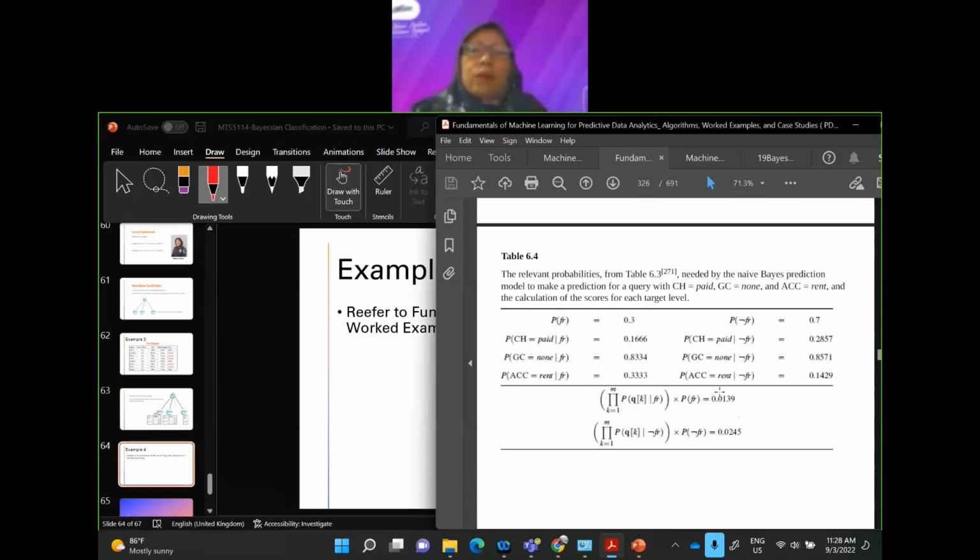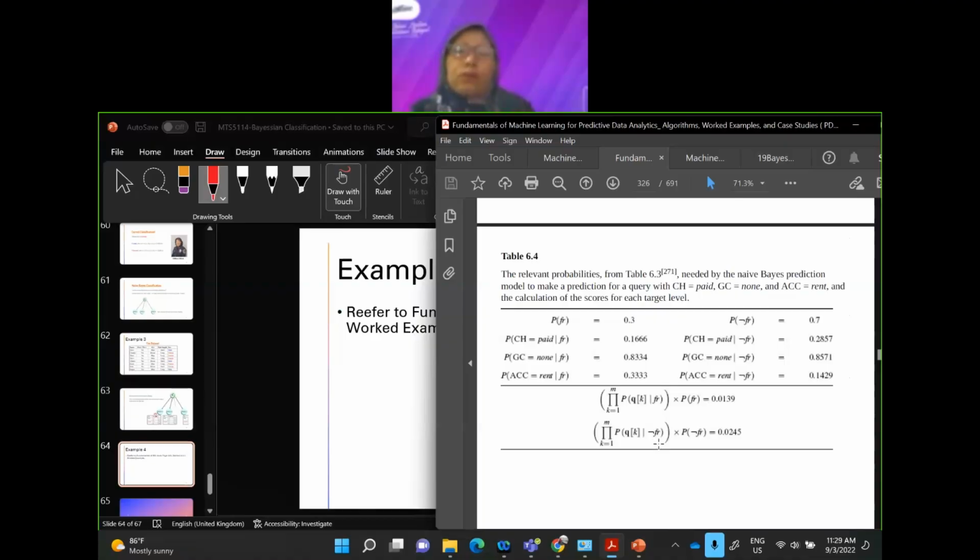See, like this. Because the last one we got this, which one is greater? 0.0245 means the probability of the transaction is none, it means false, right? The transaction is false with the conditions.